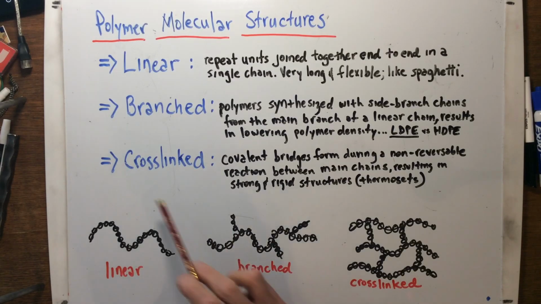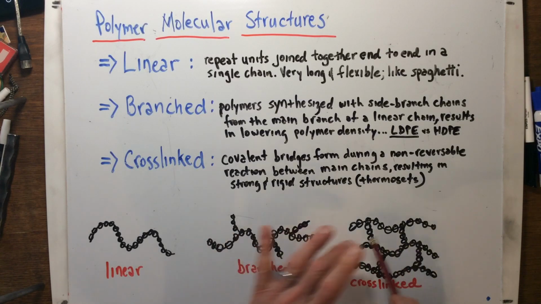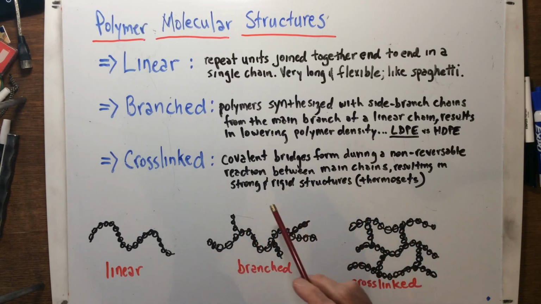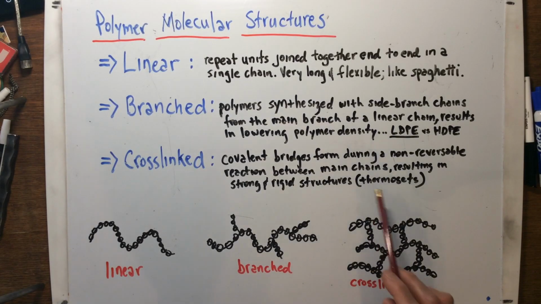Now, the last one is called cross-linked. Cross-linked is basically where we have these main chains, and when they're synthesized, they form what they call a covalent bond, a very strong bond between these main chains, and it results in very, very strong and rigid structures, or thermoset structures, which are 2-part systems.